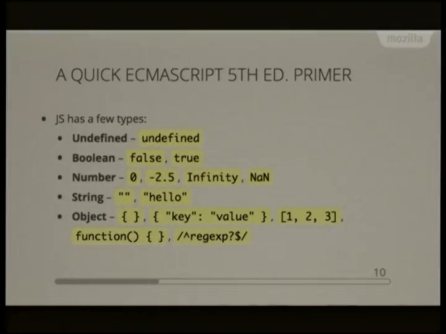Before I show some snippets from the specification itself to show where some of these problems come up, I'll just give a short primer on some JavaScript fundamentals. JavaScript has a few primitive types like Boolean, number, and string, and it has objects. Objects can have key-value properties on them; arrays are objects, functions are objects, regular expressions are objects.